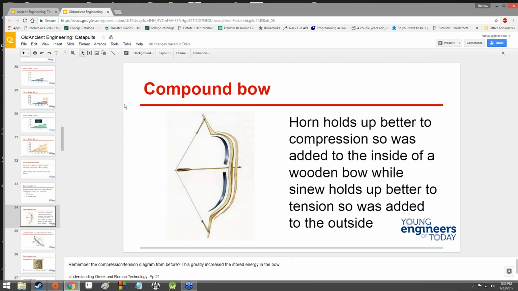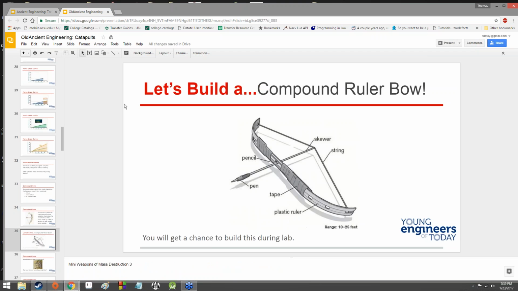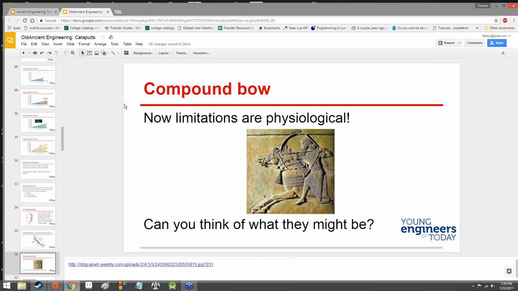So the compound bow was wildly successful, very, very successful. In fact, so much so that the limitations on the strength of the bow were physiological. Now, based on that, can you probably guess what that might be?